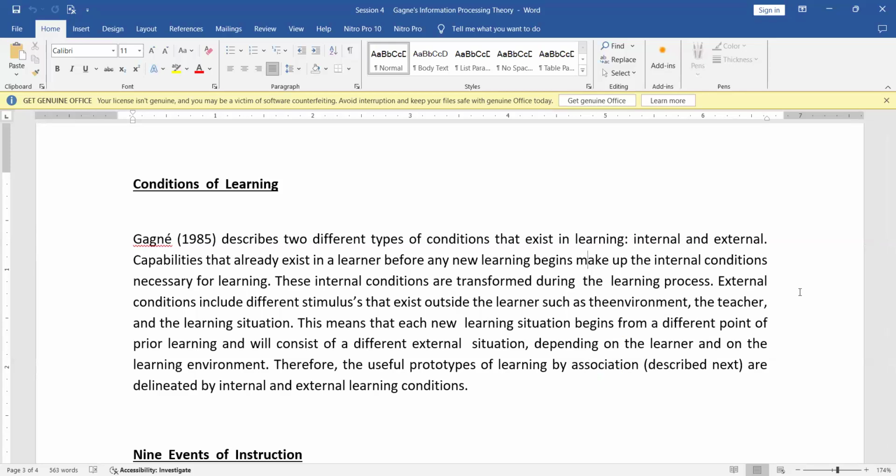Otherwise, they won't be able to actually grasp it. Whether they have that already in them is another condition that you have to make sure is met. So internal conditions are the capabilities that the learner should possess in order to proceed with the new knowledge, new learning.